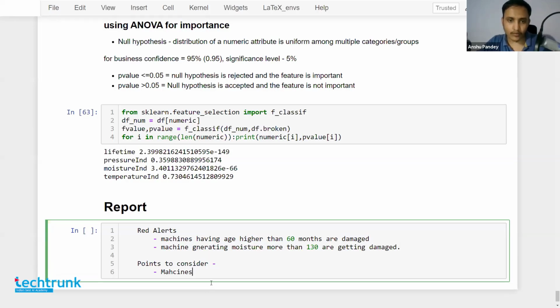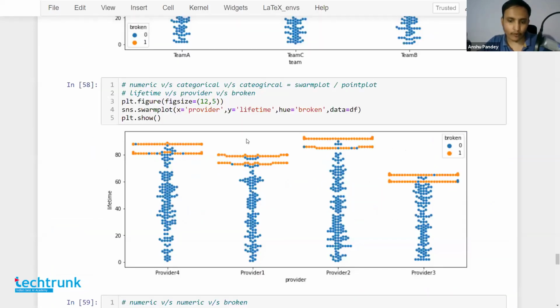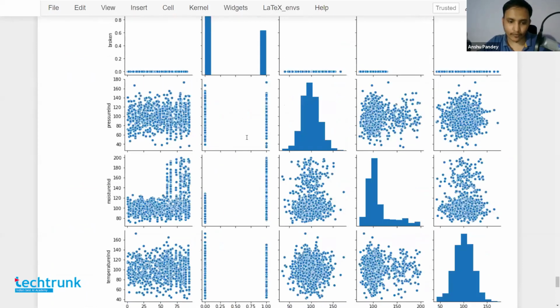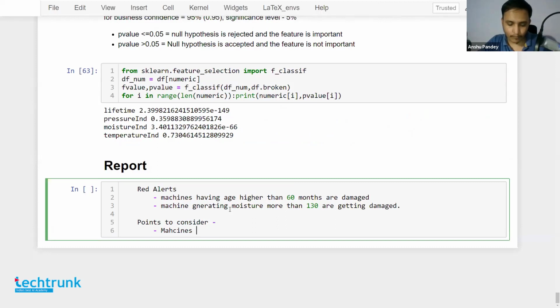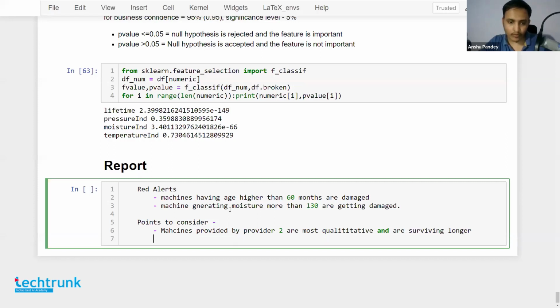Machines provided by provider 2 are most qualitative and are surviving longer, whereas machines provided by provider 3 are damaged early.